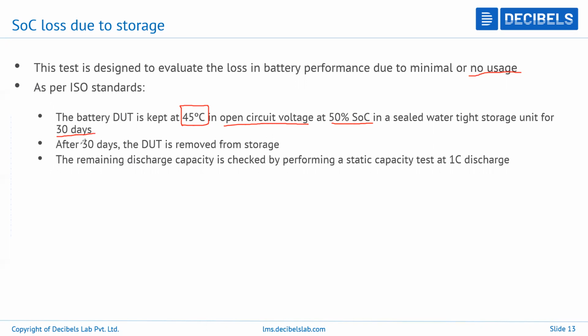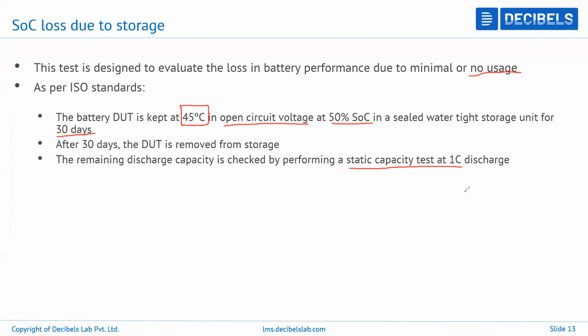Once this period of storage is done, once 30 days is done, the battery device is removed. Then the remaining capacity is checked by a static capacity test, by discharging it at 1C, depending upon the capacity that it was originally manufactured at.